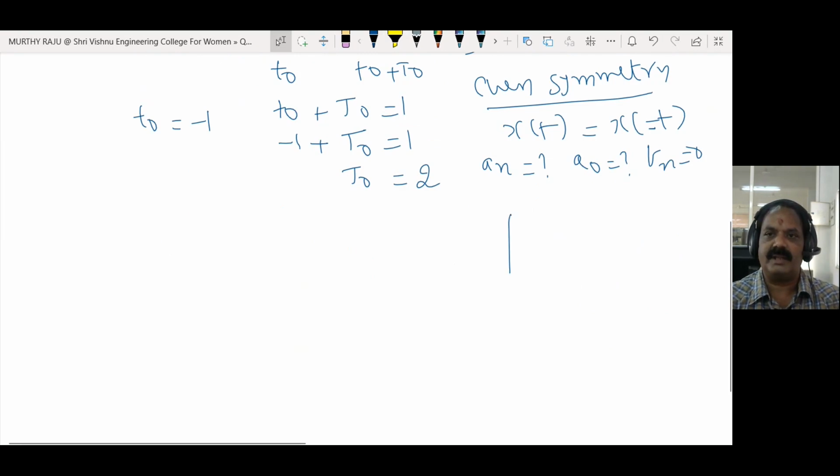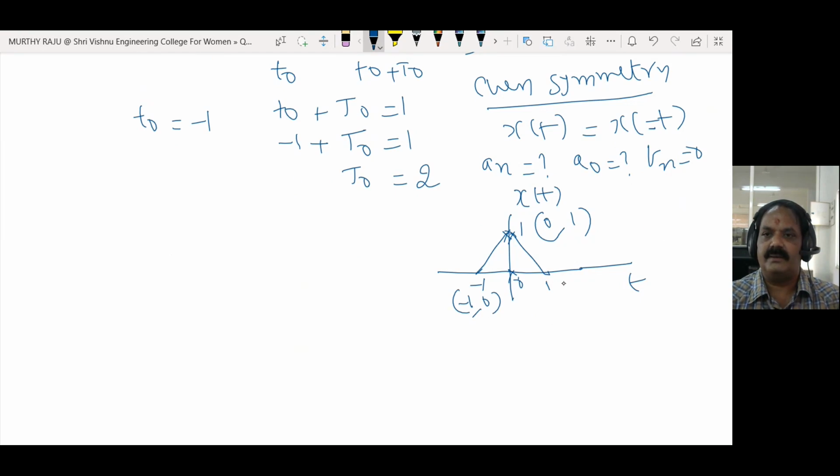Consider one time period interval. This one is x of t, from minus 1 to 1. Here the peak value is 1. The coordinates of this point are 0, 1, so the y-axis value at this point is 1. Here the x-axis value is minus 1, comma 0, and here 1, comma 0.